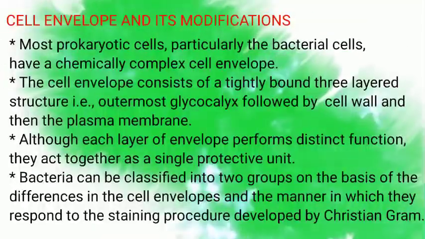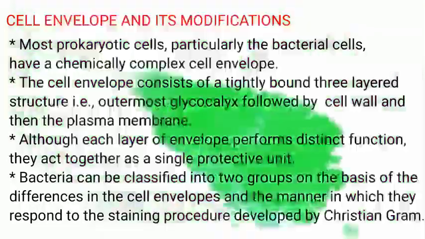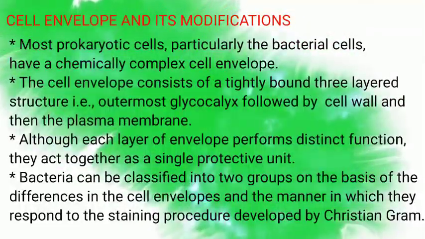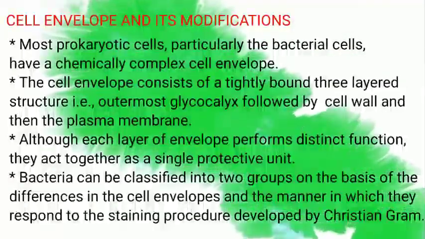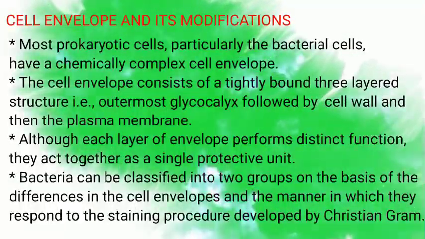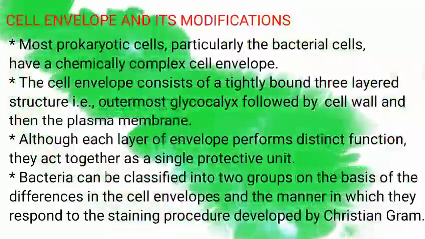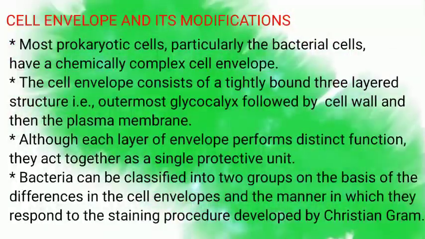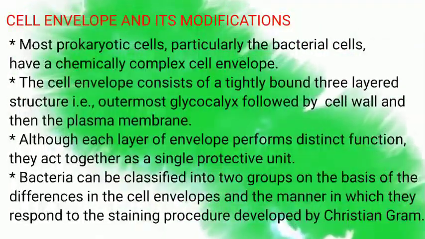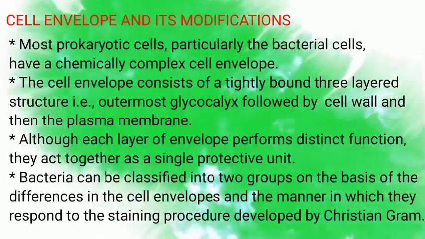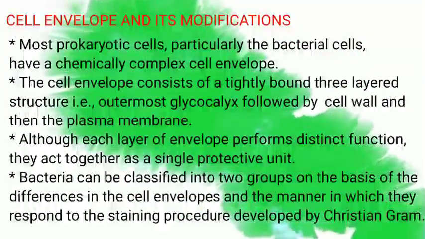Cell envelope and its modifications. Most of the prokaryotic cells, particularly the bacterial cells, have a chemically complex cell envelope. The cell envelope consists of a tightly bound three-layered structure: the outermost glycocalyx, followed by the cell wall, and then the plasma membrane.